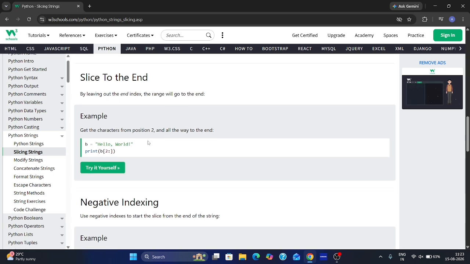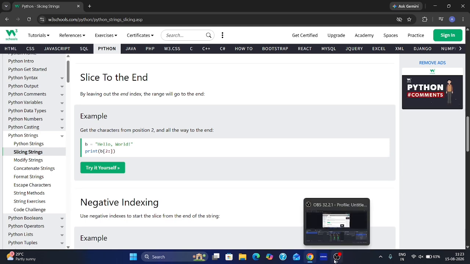This is for slice to the end. By leaving out the end index, the range will go to the end. Get the characters from position 2 all the way to the end. b is equal to hello world. Print b of 2 colon, starting from 2. Here no value is mentioned after the colon, so it will go up to the end.